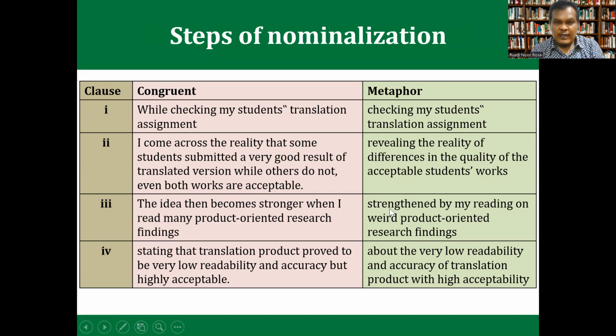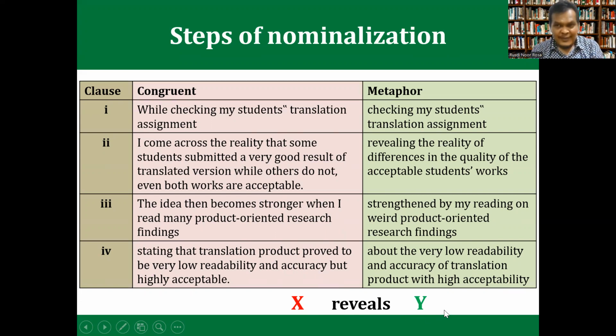And then this one strengthened by my reading on weird product-oriented research findings, and then about the very low readability and accuracy of translation product with high acceptability. So we can say this one is X and this one is Y. Now we have here the logical relation: X reveals Y. Okay, so X reveals Y.